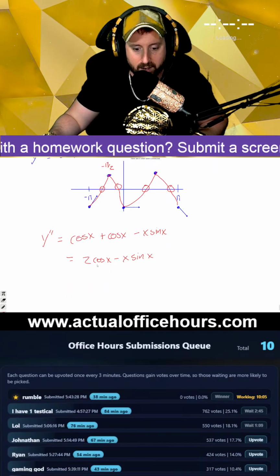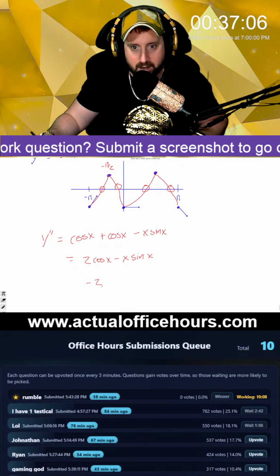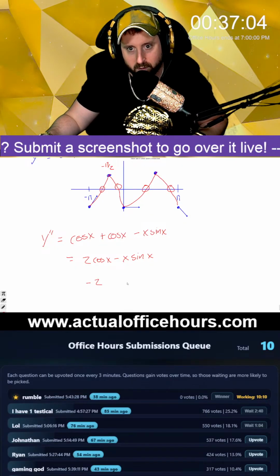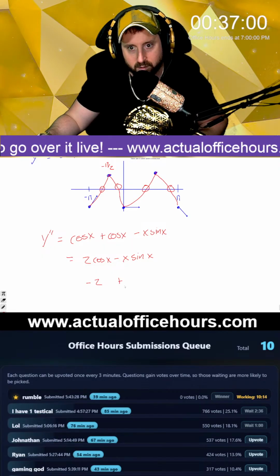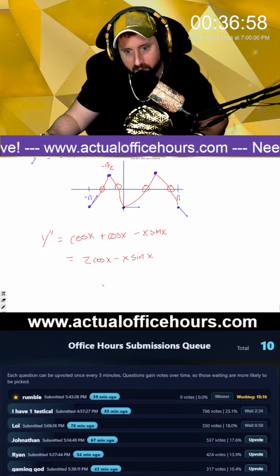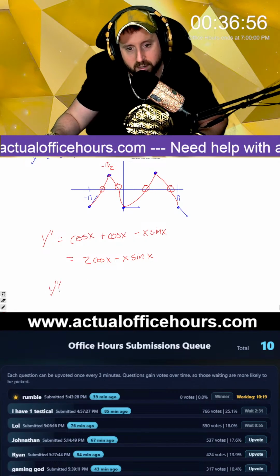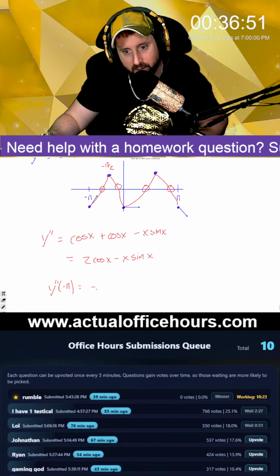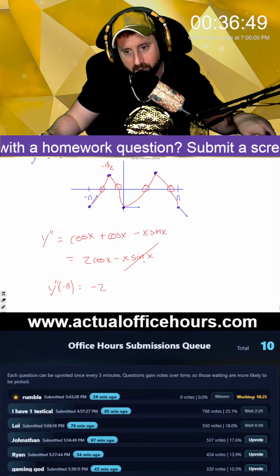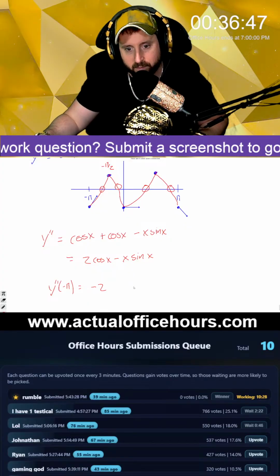At negative pi, this would be negative 2, and then that would be 0. Y double prime of negative pi: this is negative 1, so it's negative 2, and then this is 0. So that's negative.